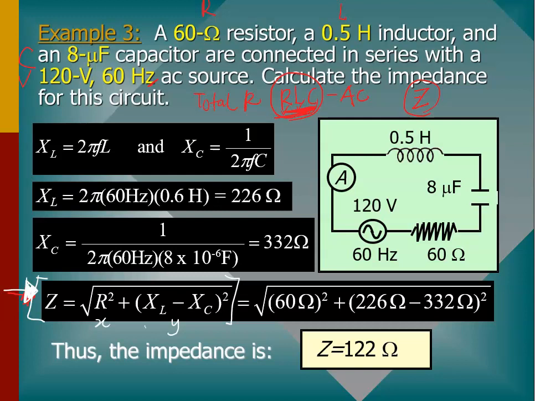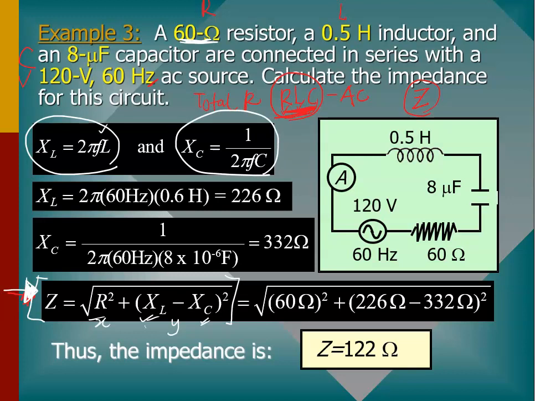So how to find these three? As for the resistance, I have no problem with it because I was already given the value of 60 ohm. But then I have to find my XL and XC. So how to find the XL? The equation of XL is equal to this one, and the equation of XC is equal to this one. So I have every piece of information to solve this equation.